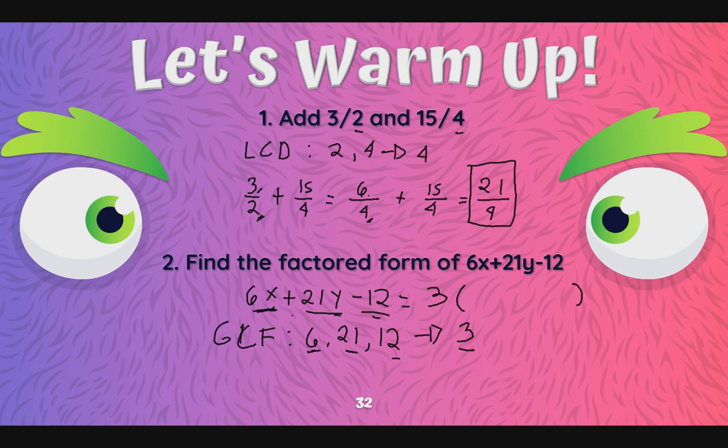So 6x divided by 3 is 2x, while 21y divided by 3 is 7y, and negative 12 divided by 3 is negative 4. So the final answer, the factored form, is 3 times quantity 2x plus 7y minus 4.